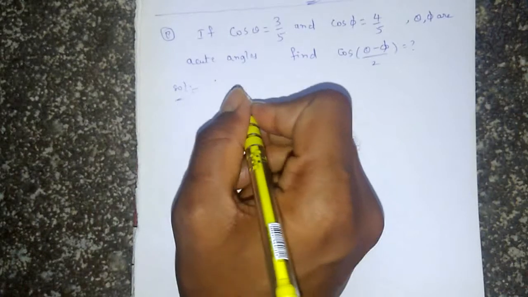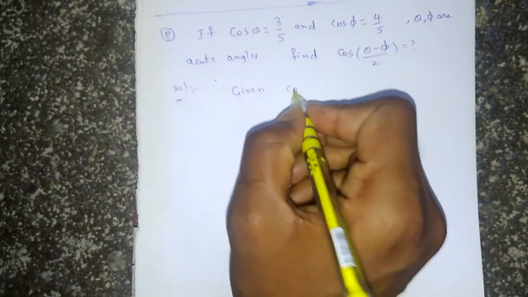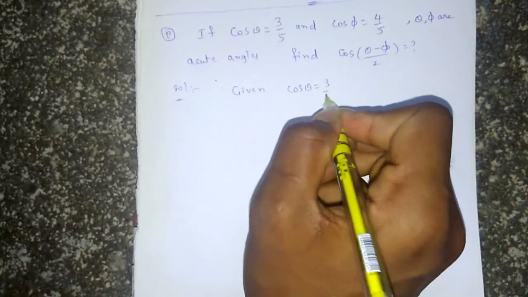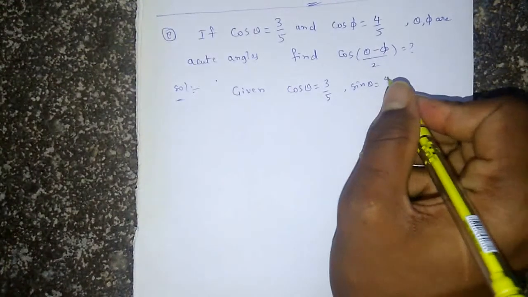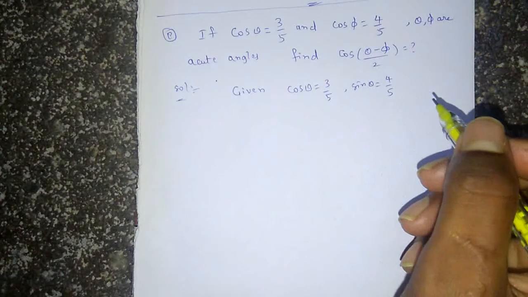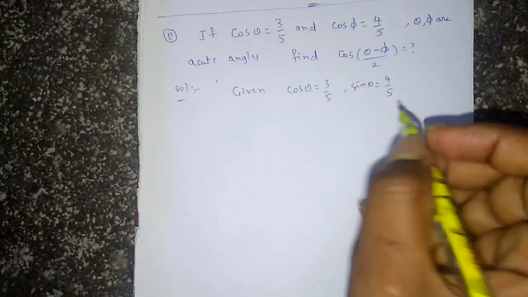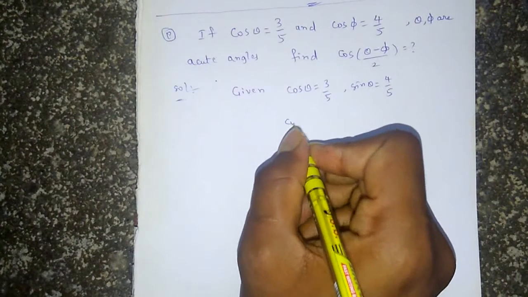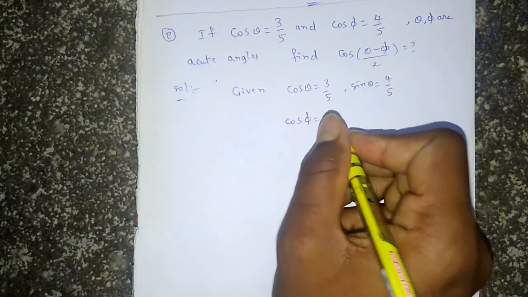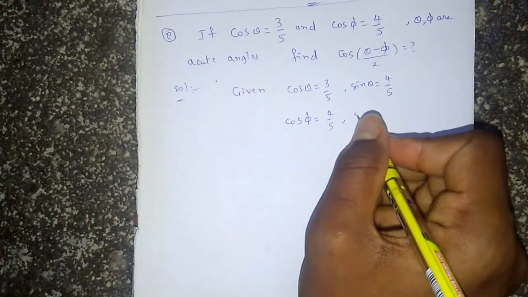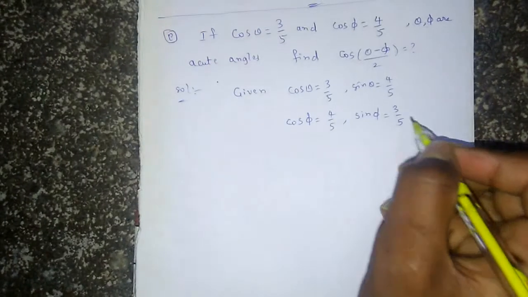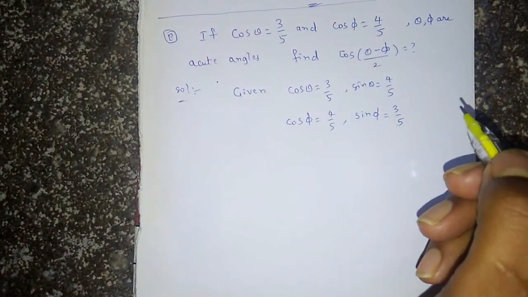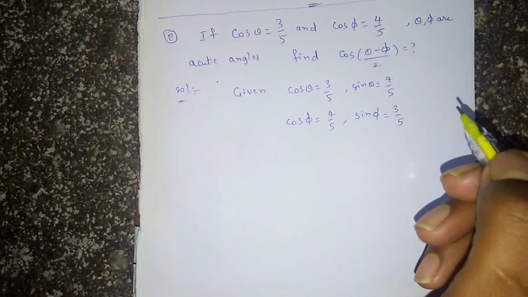So here given cos theta is equal to 3 by 5, so sin theta will be what? That is equal to 4 by 5. Sin theta is equal to under root of 1 minus cos square theta, you will get 4 by 5, and cos phi is given as 4 by 5, implies sin phi is equal to 3 by 5. Same formula, sin phi is equal to under root of 1 minus cos square phi, that is equal to 3 by 5.